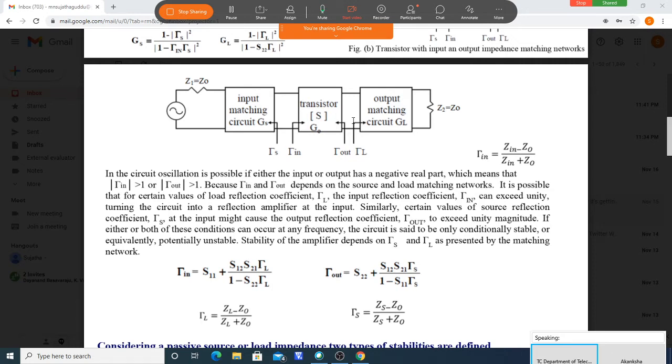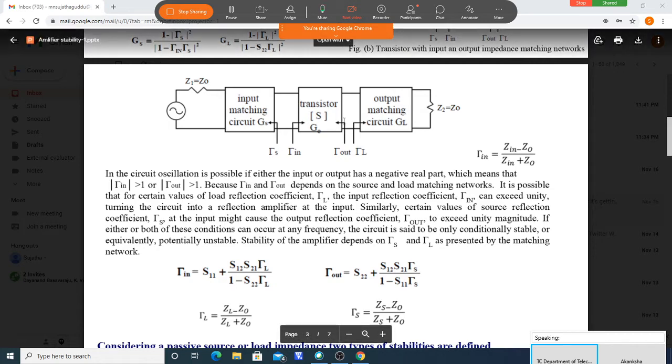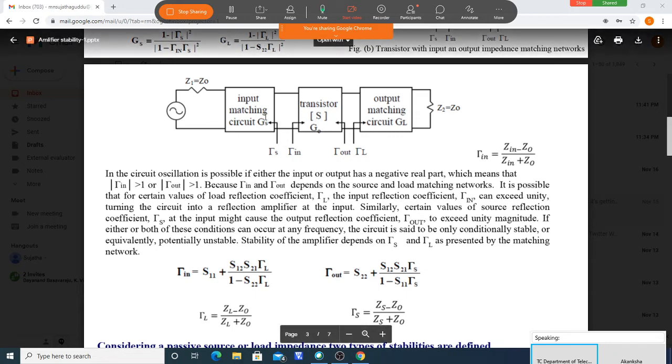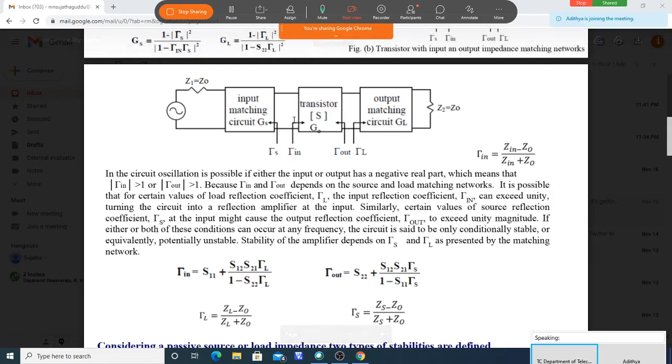Because it is an amplifier, there is gain, so more output power is there. If a mismatch is there, automatically a part of the power will come like this and it may come out here. Because of the addition of this signal, the total power here increases; the total reflected outgoing wave increases.